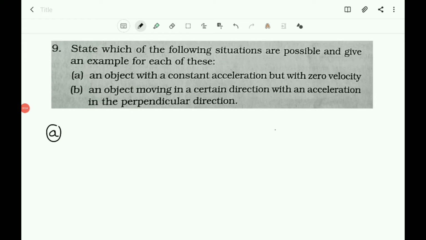Answer for the first question A, that is, situation. Example for the situation of an object with a constant acceleration but with zero velocity.